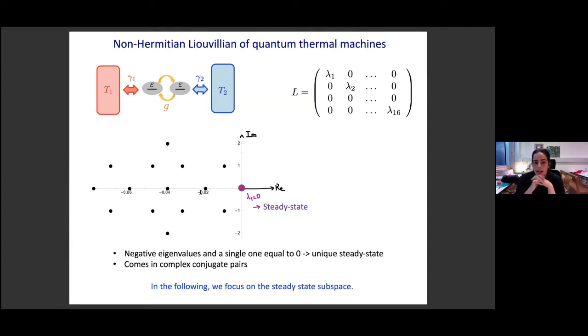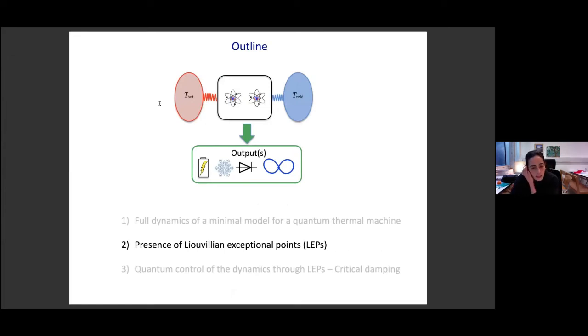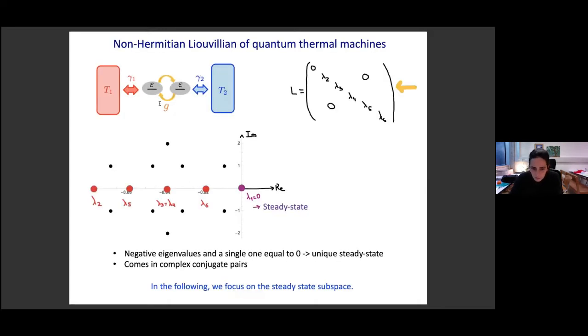This is because we have a specific type of interaction Hamiltonian and so forth, so it's determined by the form of your unitary dynamics. So we'll focus only on the steady state subspace. And now I will explain a bit what we found in this subspace.